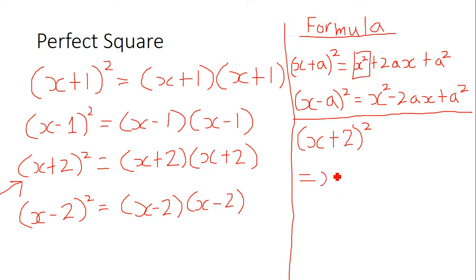Good. Plus, what does the formula tell us to write? 2. Good. What is a? A is 2. And then x remains by itself, so it's going to be x. Plus, what is a? 2. A is 2, so it's going to be 2 squared.